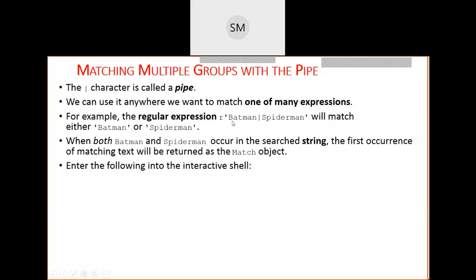So this regular expression will match either Batman or Spider-Man, not both, because the pipe is there. The pipe is nothing but or. When both Batman and Spider-Man are present in our input string, the first occurrence of matching text will be returned as the match object.